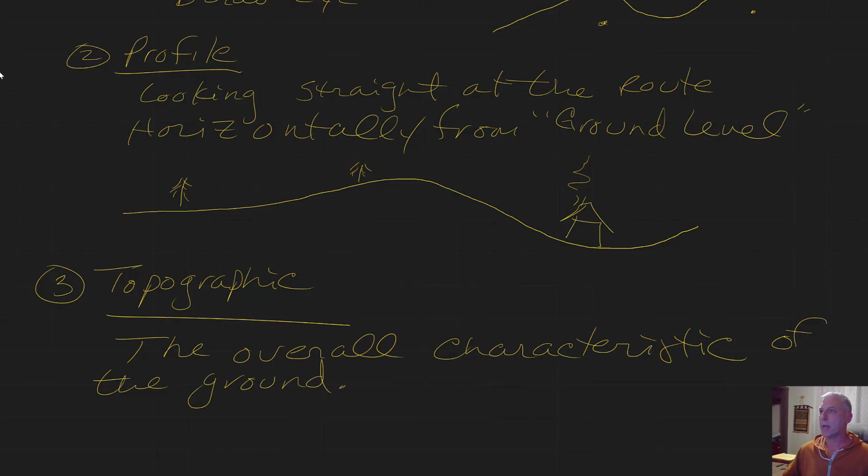Some elements of the topographic component would be things like contours on a map, like on a USGS quadrangle, there's contours. That's an element of topography. What else? Let's see. That's where we would get data to calculate volumes and areas. We might calculate earthwork from the topographic data.